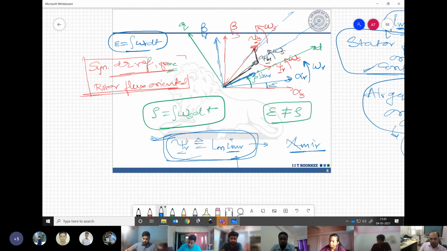And as of now, everything is defined in the rotor reference frame. When we say psi r, IMR, all these things are in the rotor reference frame. Is that true or not? Correct or not? Yes, sir.